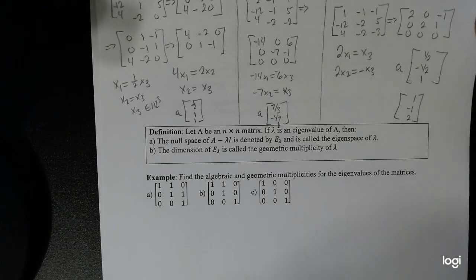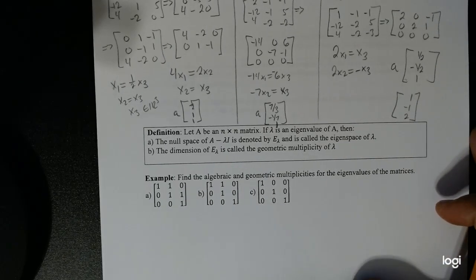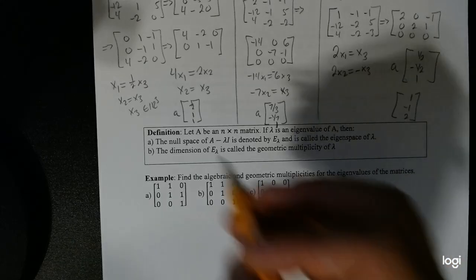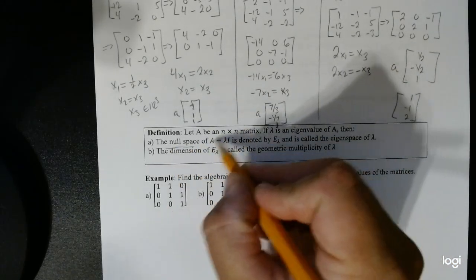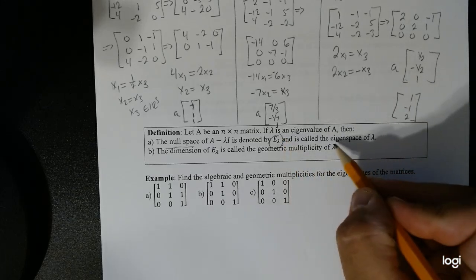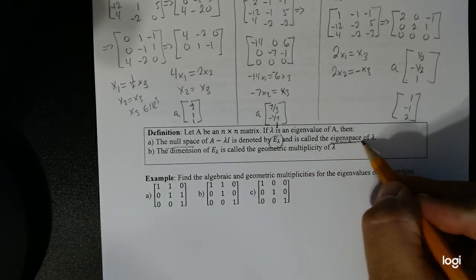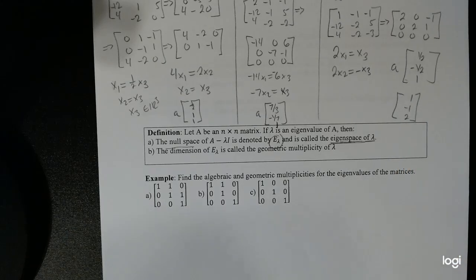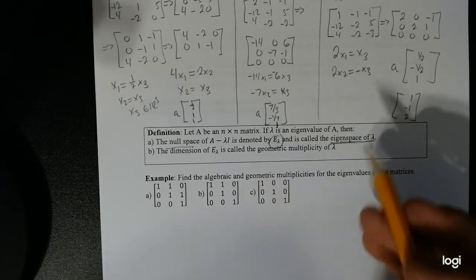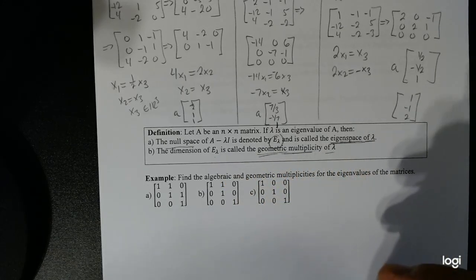If lambda is an eigenvalue of A, then the null space of A minus lambda I, denoted as E sub lambda, is called the eigenspace of lambda. The dimension of the eigenspace is called the geometric multiplicity of lambda.